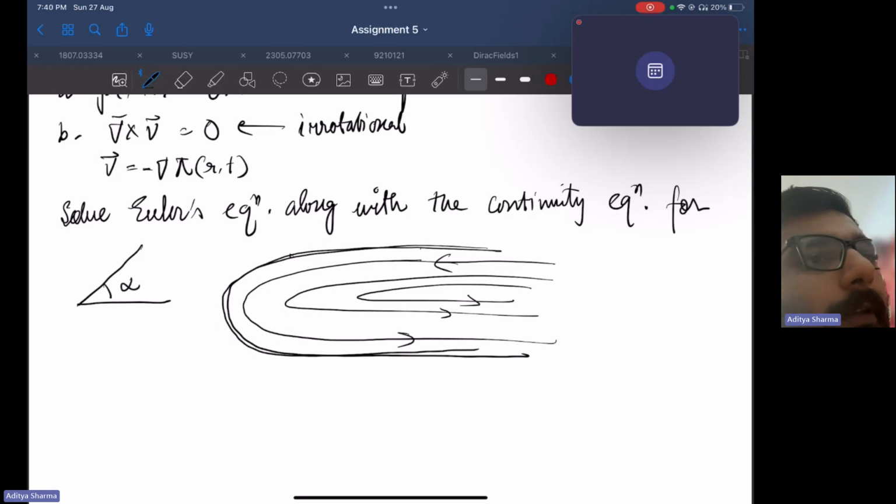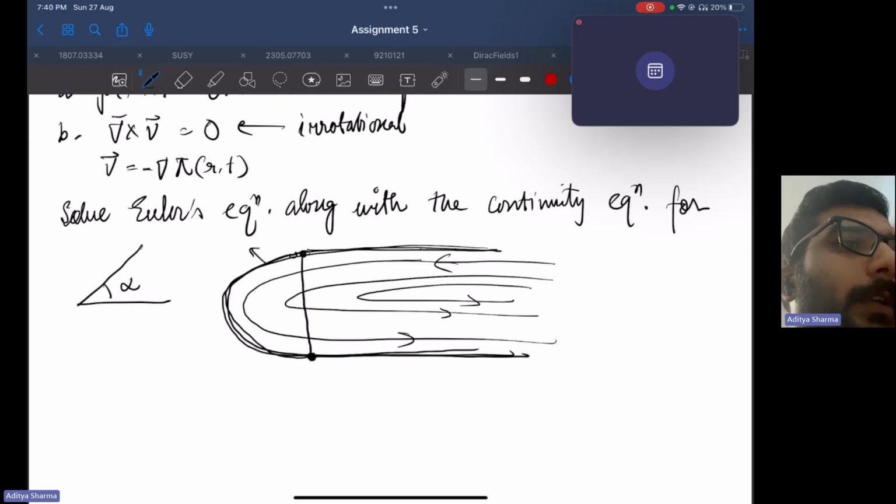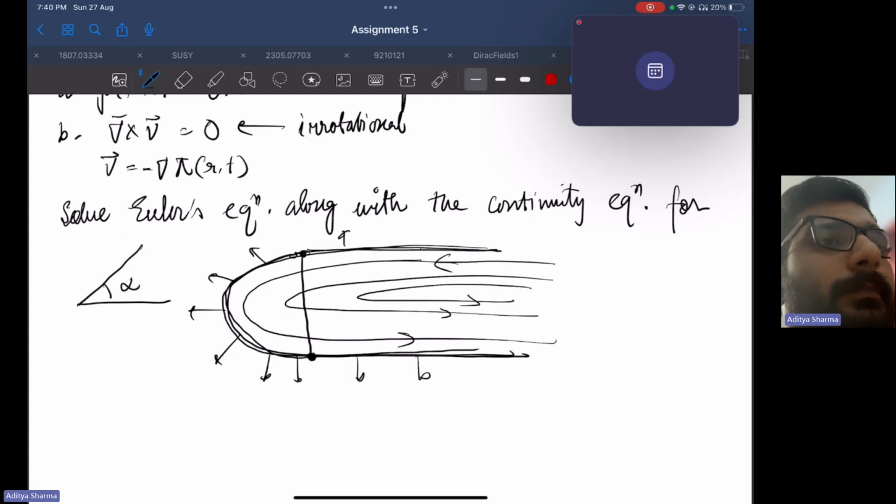So we have a semicircle at some point like this, and there is a semicircular region. This is straight, flow along. The normal direction is zero. So this is our surface.